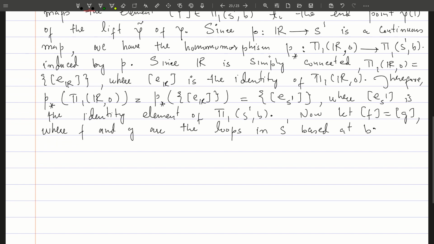Let F tilde and G tilde be their unique lifts starting at 0.